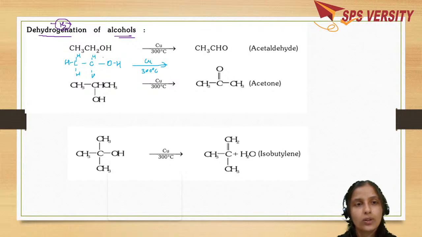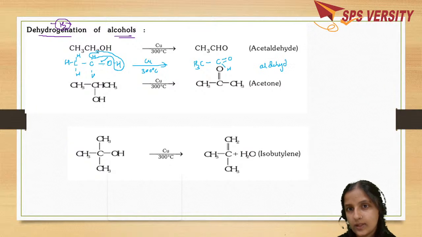Then what is going to happen? From here one H will go, from here one H will go. This results in the removal of hydrogen, resulting in the formation of CH3, C, an H down and a double bonded O. Since the hydrogens are being removed from here, you get a double bond in between. This results in the formation of an aldehyde.